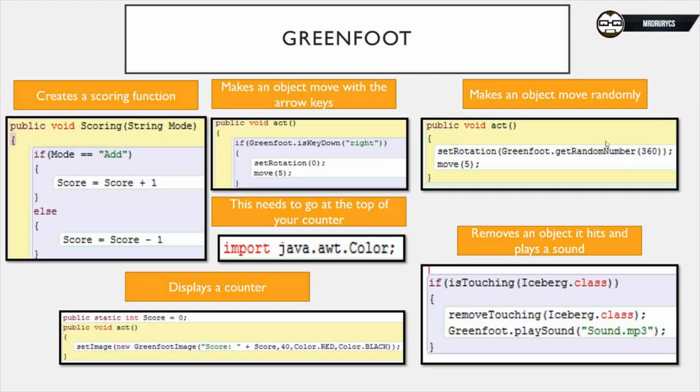You've got your get a random number for your random movement. You've got your is touching to remove the touching objects and play the sounds, and your counter. Obviously, when I made this slide, at that point we were looking at this set image stuff. He was like, "Oh my god, we can't remember this stuff. That's ridiculous." Like I said, they should give you it.